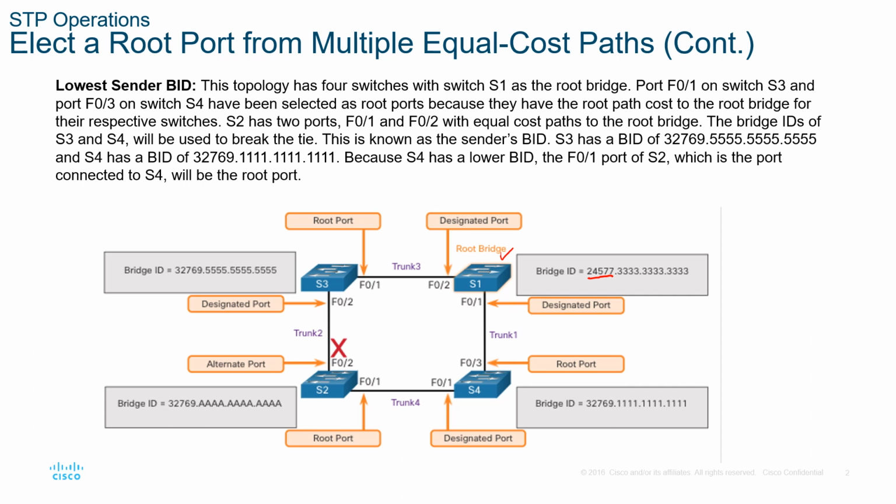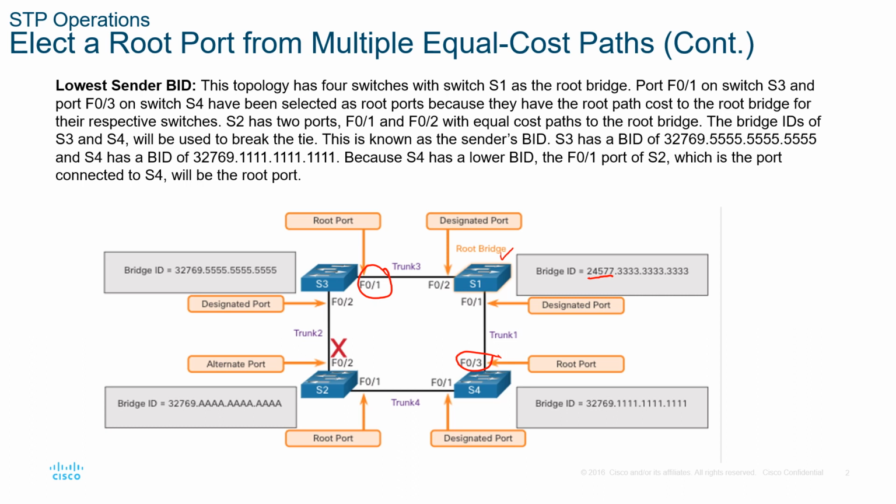Now we also know from the diagram that S3 and S4, port F01 of S3 and port F03 of S4, have been selected as the root ports. Why?